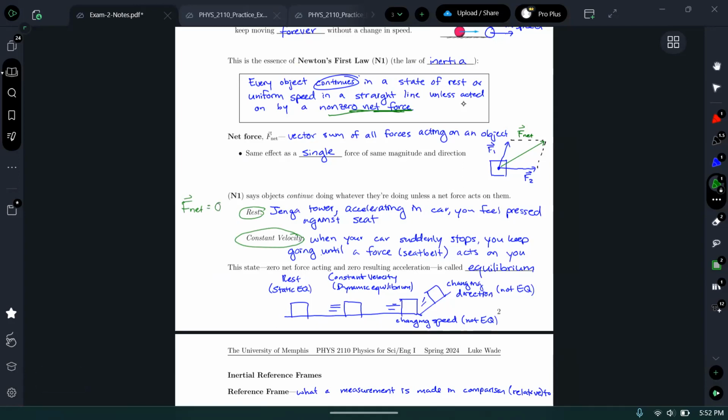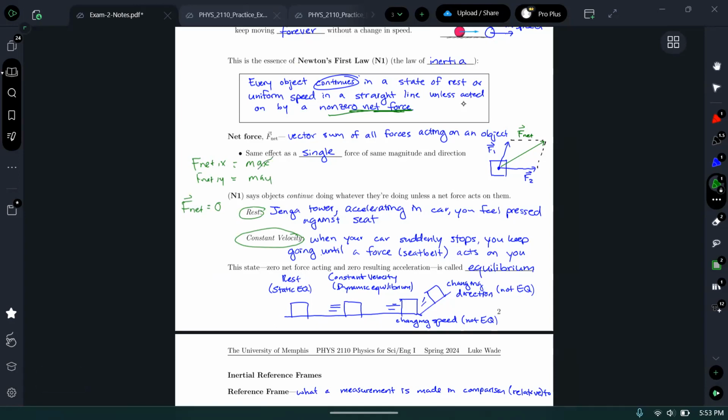So in our approach to applying Newton's laws to solving problems, we usually say, okay, find the net force in the x direction and the net force in the y direction and set both equal to mass times their respective accelerations, and then decide whether an acceleration is actually happening.